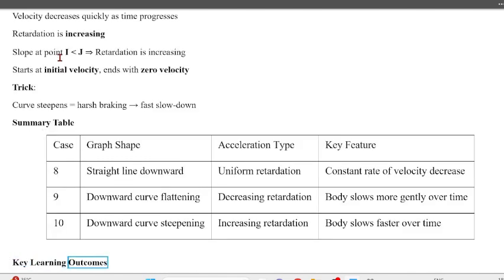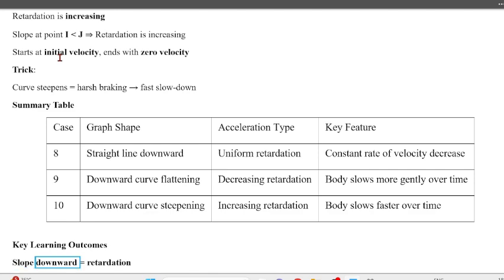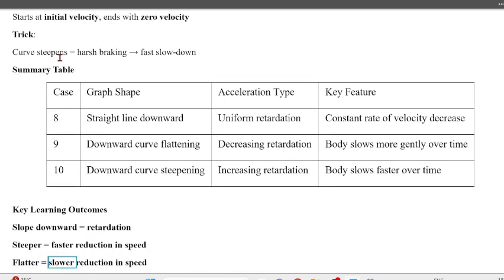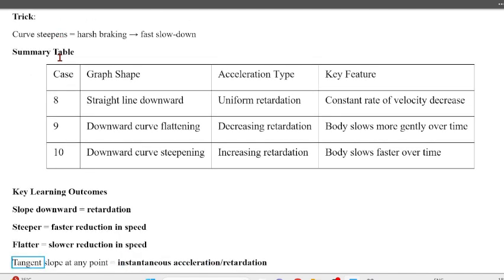Key learning outcomes: slope downward is equal to retardation; steeper is equal to faster reduction in speed. Flatter is equal to slower reduction in speed. Tangent slope at any point is equal to instantaneous acceleration or retardation.